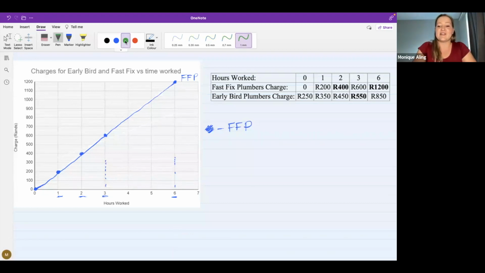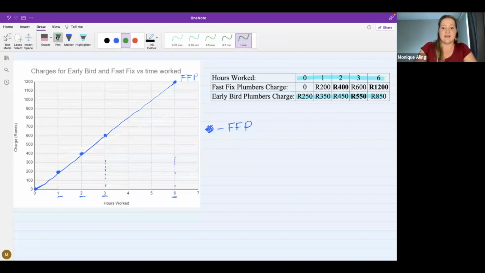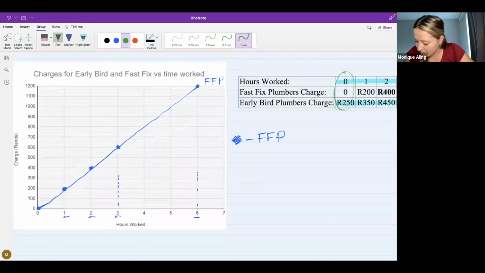Okay, then let's look at early birds. So early bird, we are focusing on the bottom values and the hours. So the first point is 0 and 250. So in line with 0 and 250 would be in the middle between 200 and 300. Okay.